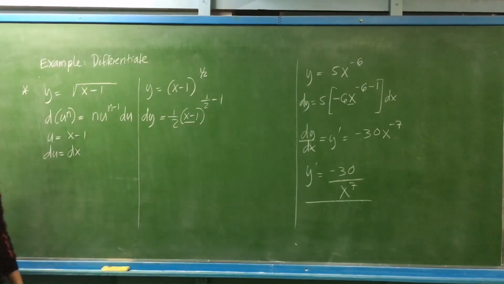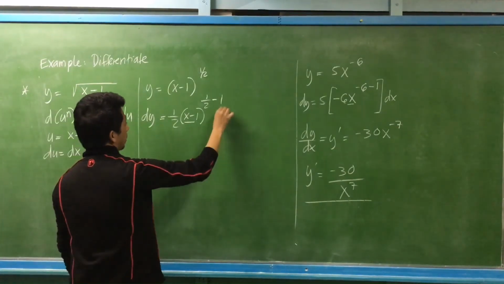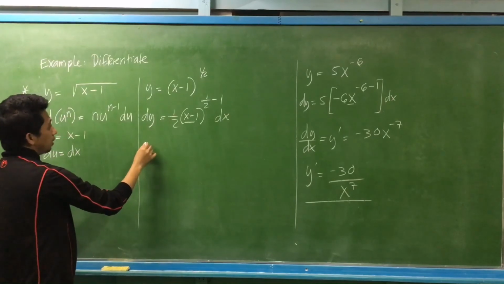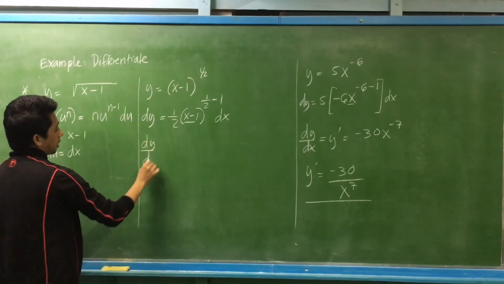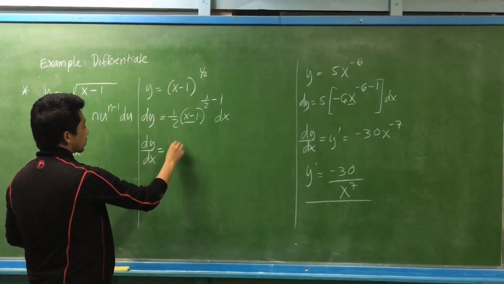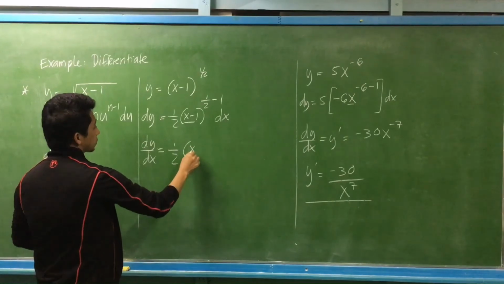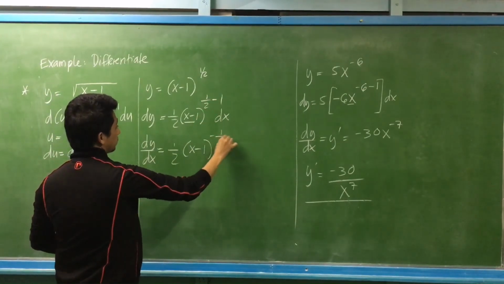The derivative of your base, what is it? dx divided by dx. So again dy over dx is equal to 1/2 of x minus 1 raised to 1/2 minus 1, which is negative 1/2.